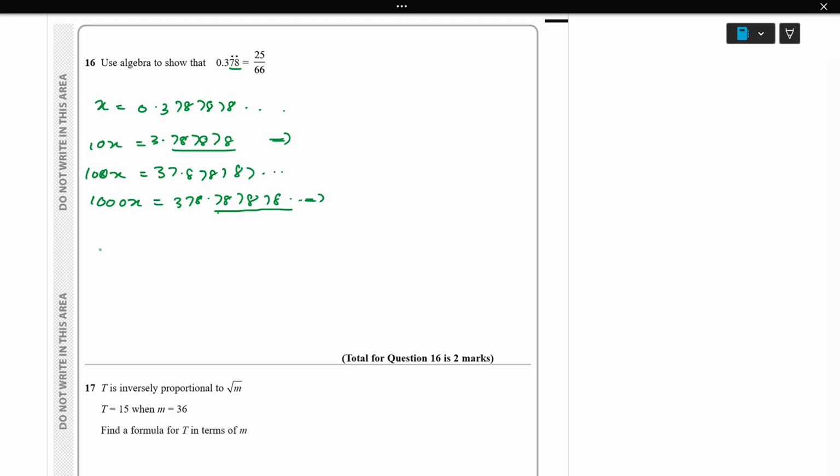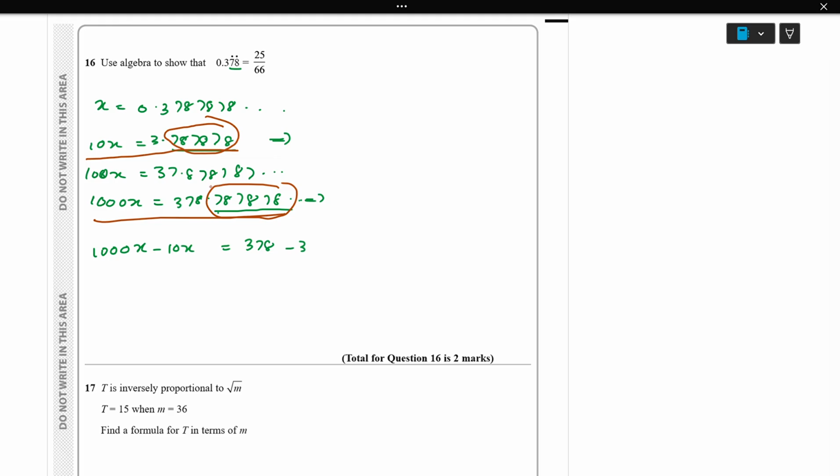I am subtracting 1000x minus 10x equal to 378 minus 3, because we took this equation minus this one, as only these two have the same digits after the decimal.